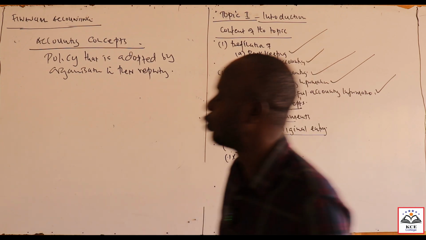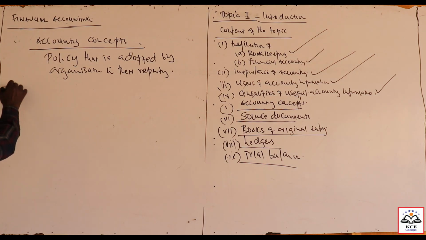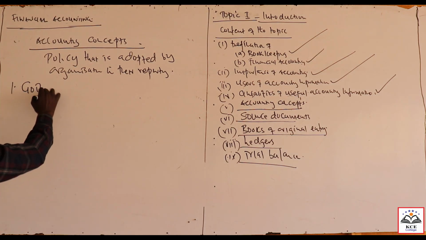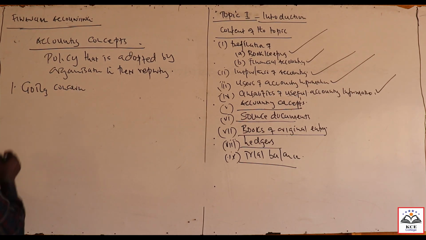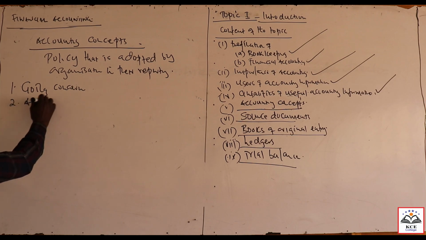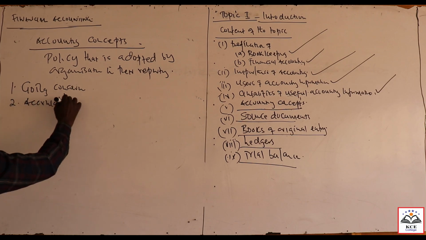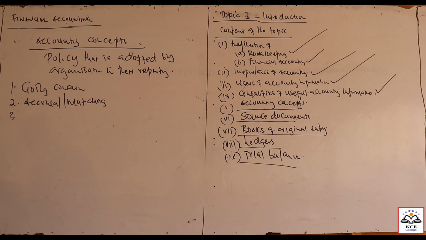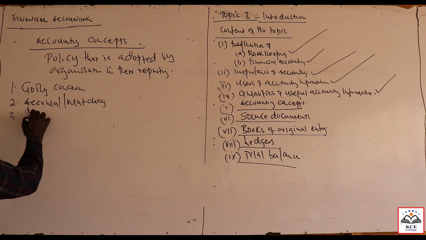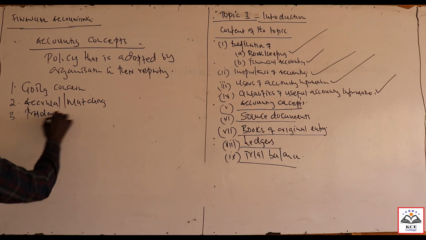So number one here, we have what we call going concern principle or concept. Then we have accrual, or accrual slash matching concept. Number 3, we have prudence concept.